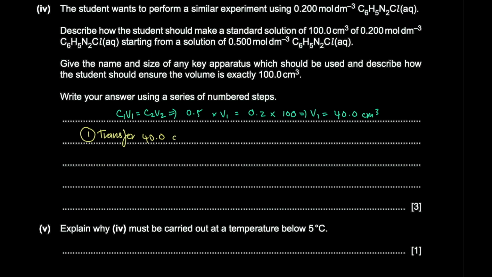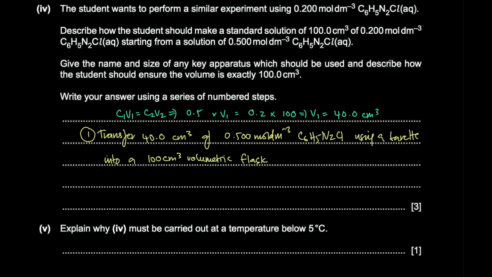of the 0.5 mole per dm cube solution of C6H5N2Cl, using a burette, into a 100 cm cube volumetric flask, and then we're going to make up to the mark with distilled water.